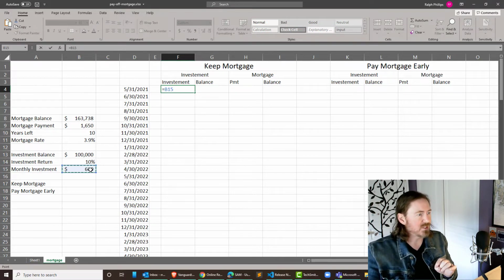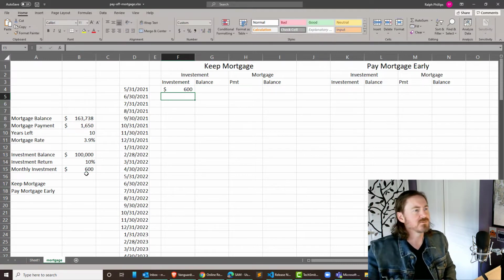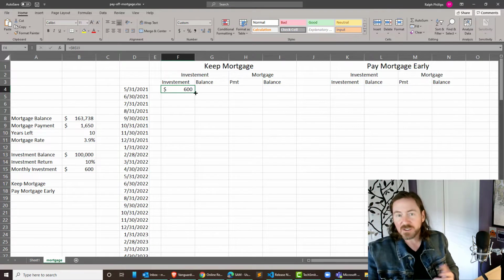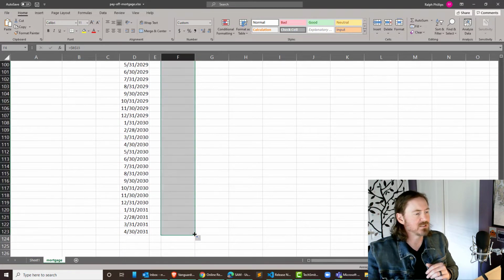And we would like to use some cell references that refer to this little sidebar over here so that we can easily change data. All right, well, that's pretty easy. In fact, I'm going to go ahead and make that absolute. And I'm also going to go ahead and autofill that down. Now, I couldn't double click on that fill handle, so I will just drag it all the way down.